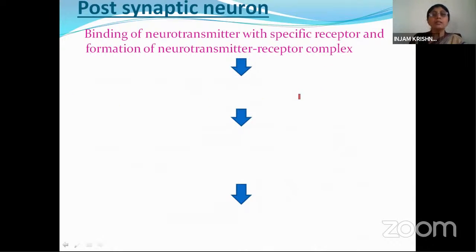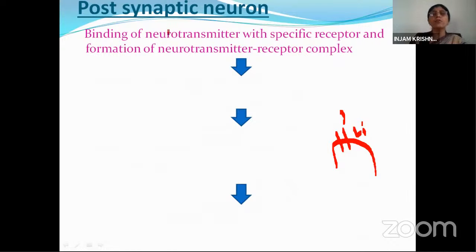I told you in the first class itself about the ion channels. What are those? Ligand channels. Ligand channels are present on the post-synaptic membrane. They are not present on the presynaptic membrane. Remember that.